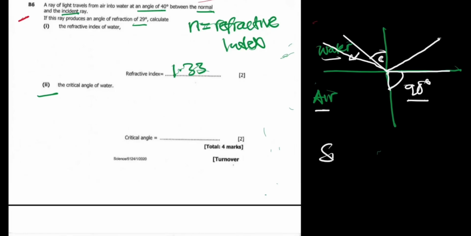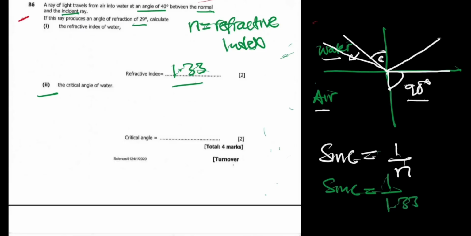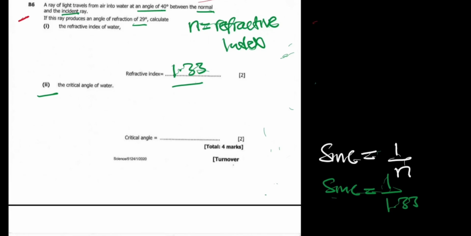Now, the formula for the critical angle is given by 1 over the refractive index. So in this case, we can go ahead and find the critical angle. So this sine C is going to be, we know that the refractive index in this case is 1.33. So we are going to have 1.33 sine C is equal to 1.